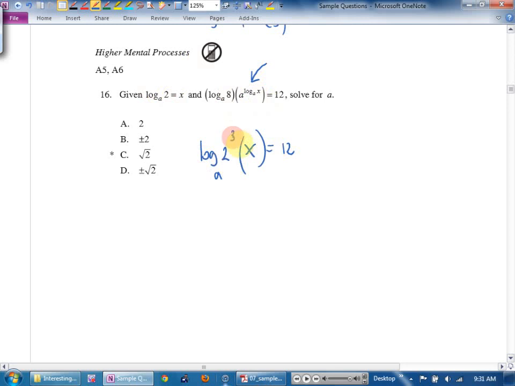Except, no, I'm not. I'm going to move the 3 right there. You know what the log base A of 2 is apparently the same as? Okay. Sometimes that works and sometimes it doesn't. This is 3x times x. Oh, what's an easier way to write x times x? X squared. And if I divide by 3, I'll have that. Square root both sides, plus or minus.